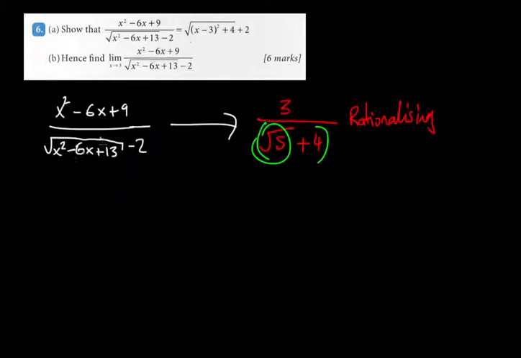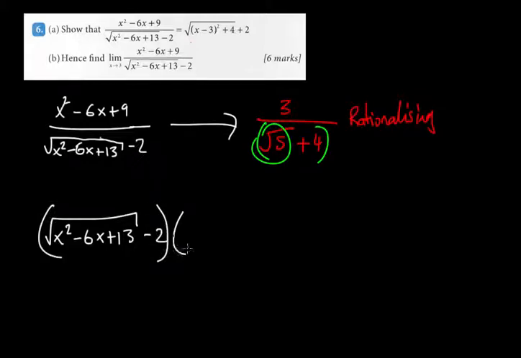What do I need to multiply the bottom by in order to get rid of that ugly square root? Its conjugate. And the conjugate looks like this. Alright, so the bottom right now is that plus 2. So, sorry, minus 2. Right, that's what we have right now.